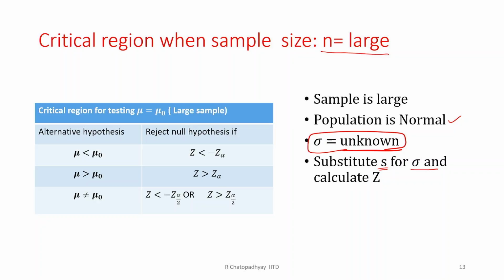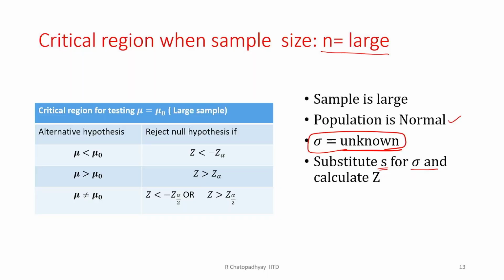N values like 10, 15, 18, 12, 6, 8 are considered small sample sizes. In this situation, exactly the same steps are followed, exactly the same logic. The critical region is going to be exactly the same. So if you compare this slide with the previous one, there is no change.